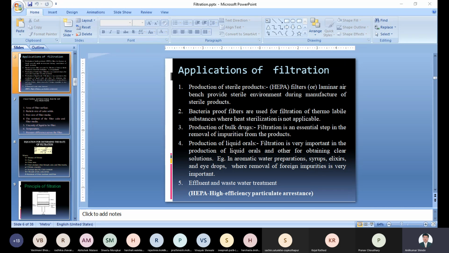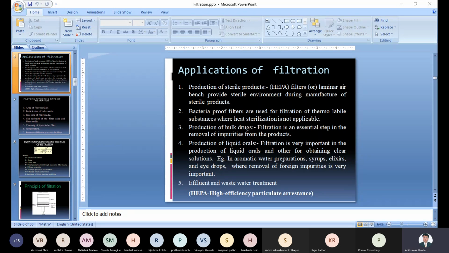The area in that laminar airflow bench should be sterile, so we use aseptic techniques to make the area free from bacteria. That is called a sterile area, right? During preparation of sterile formulations such as injections or infusions, the area should be free from bacteria. Understand it? So the area should be sterile.